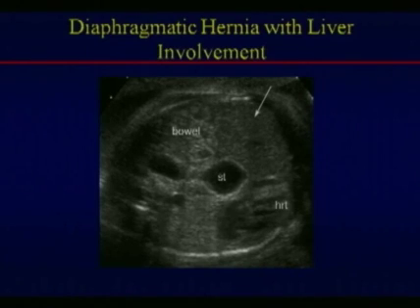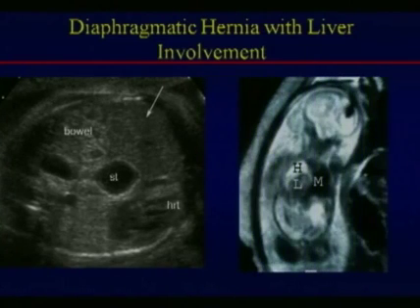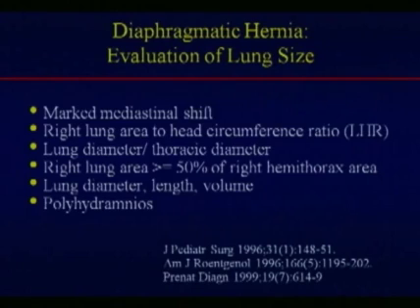But when there is liver involvement, the liver tends to be anterior and pushes the stomach posteriorly, as it is in this case. So here there's liver involvement pushing the stomach posteriorly, and that's a very helpful clue to looking at liver involvement with diaphragmatic hernia. And corresponding MRI, again confirming liver involvement.